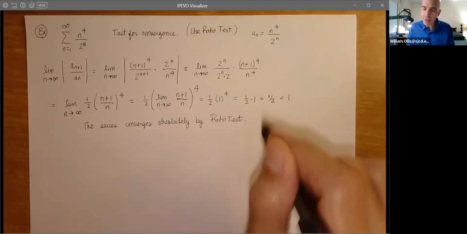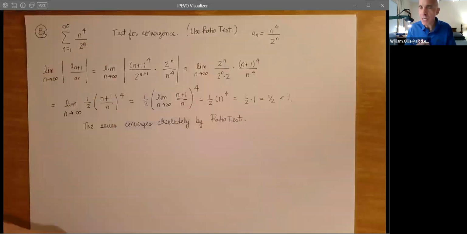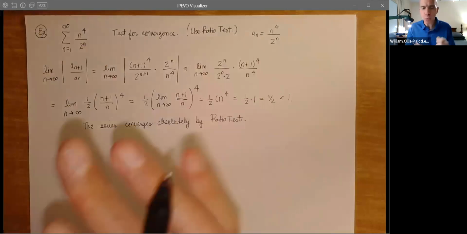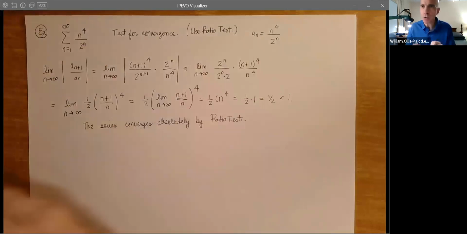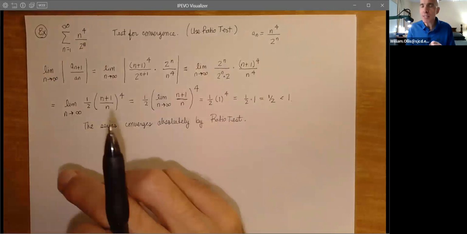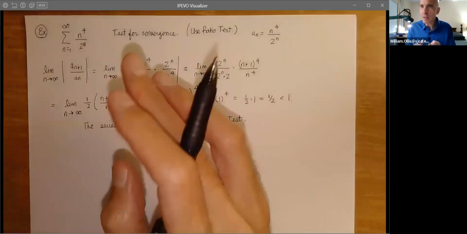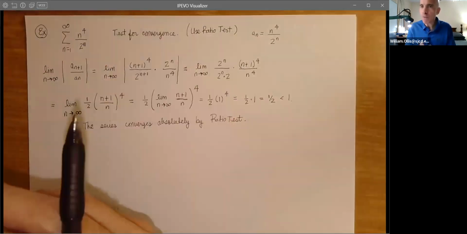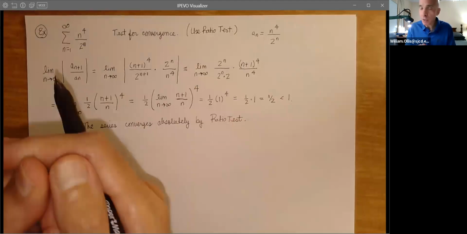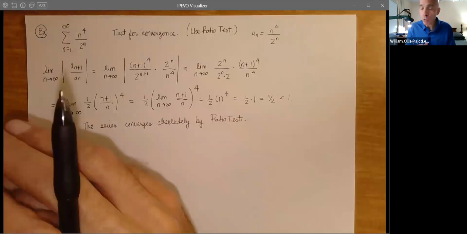Now we're going to have adjustments on the ratio test when we talk about power series in general. But I never tell my students, well, you've got to do it this way or that way. My choice is that you have a strategy that's effective for how you understand the material. And that's what's most important.